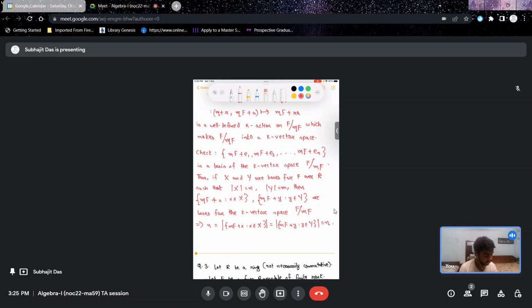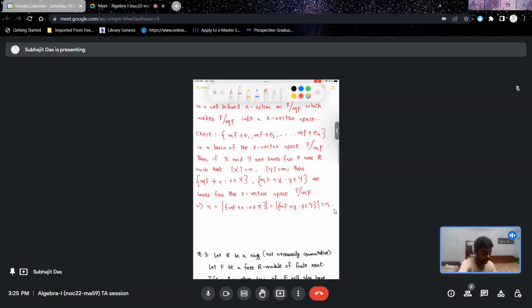And that basically finishes the proof. Okay, so m is equal to n. Okay, hence any two bases for F over R have the same number of elements.